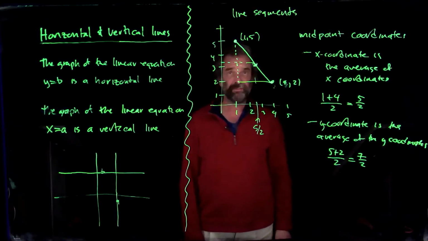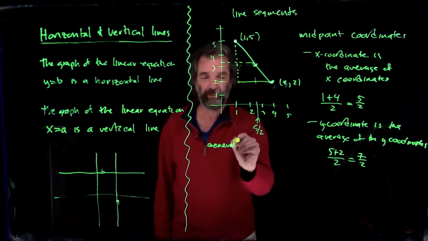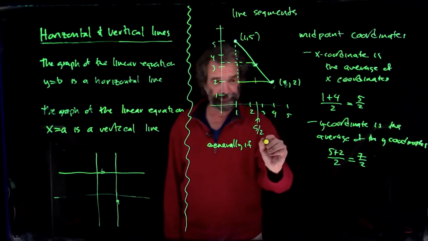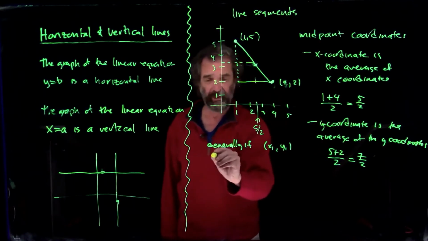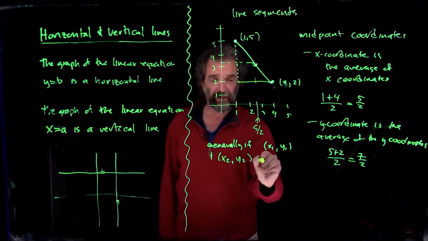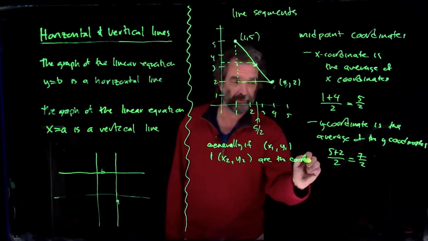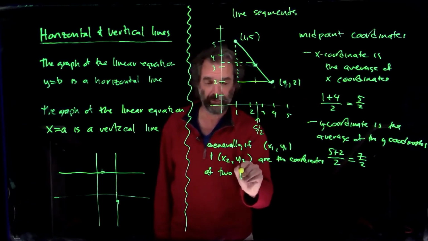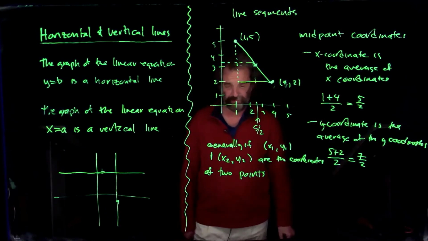So generally, we'll write a formula down. If you have 2 points, x1, y1 and x2, y2, as the coordinates of 2 points, we've got to say something about this.